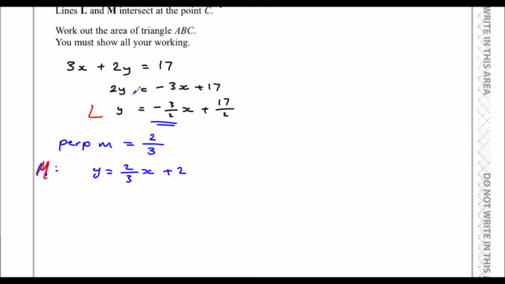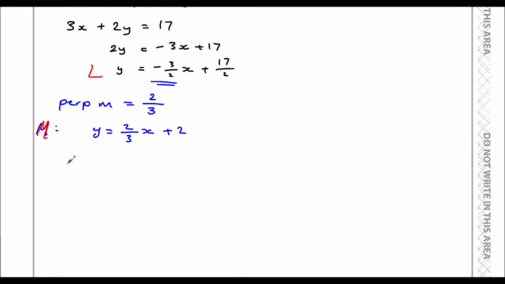So we can just make them equal to each other. y is equal to this, and when the y is the same, y is also equal to this. So they must be equal. So minus 3/2 x plus 17/2 equals 2/3 x plus 2.